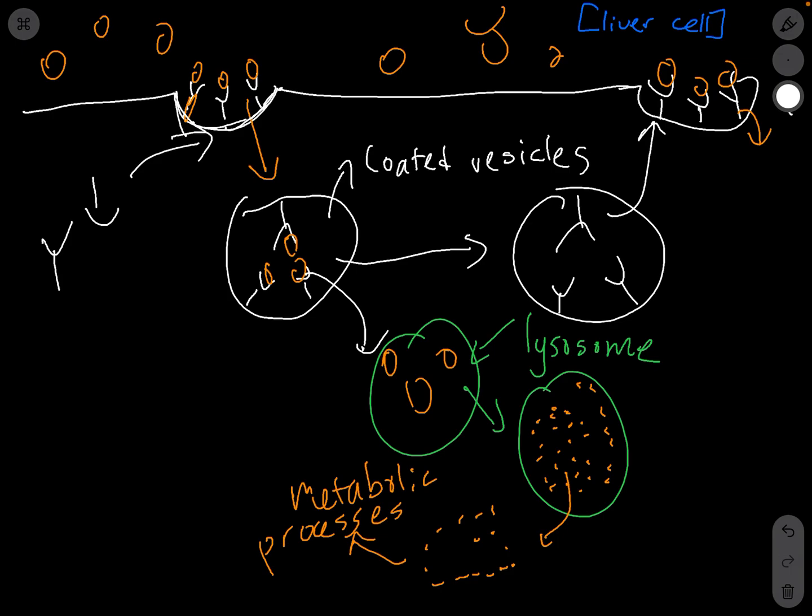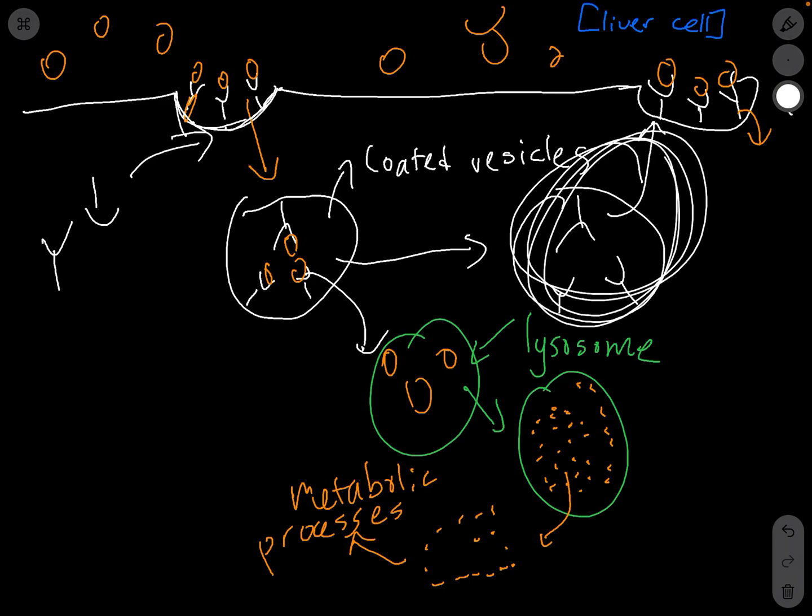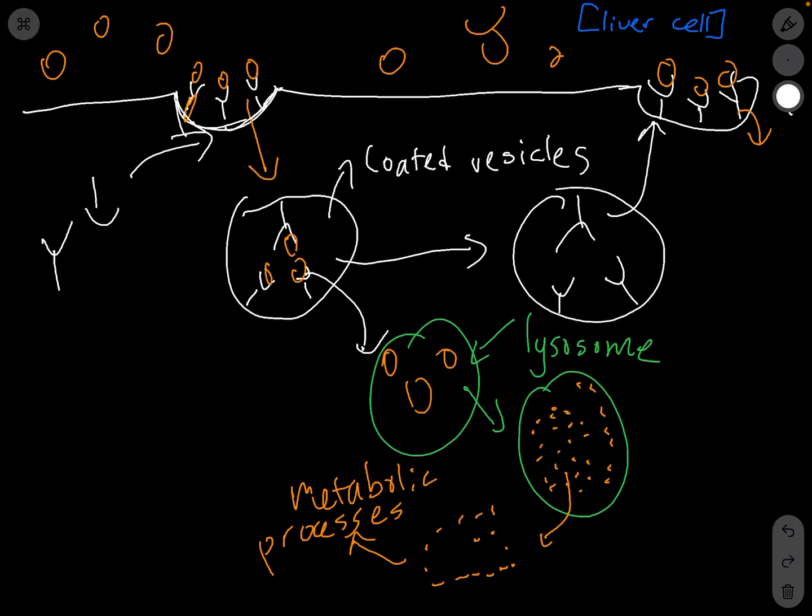Class 2 familial hypercholesterolemia is when the LDL receptors don't go back to the cell surface. So this step over here doesn't happen. So the LDL receptors can't repeat this process of taking up LDL cholesterol again. They can only do it once. So that's not very good.